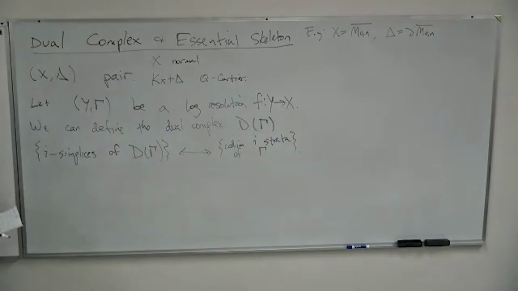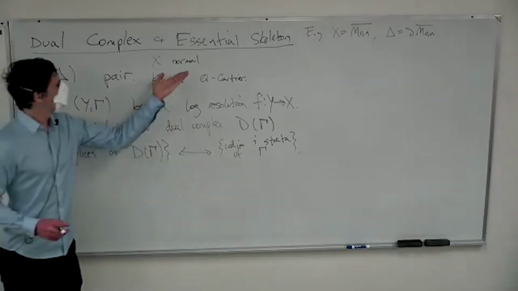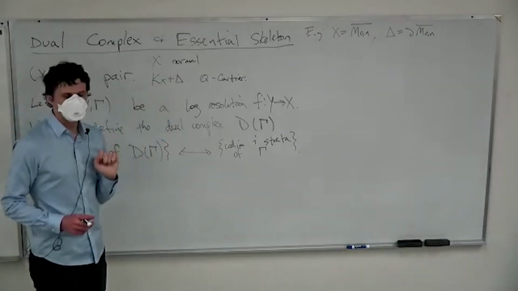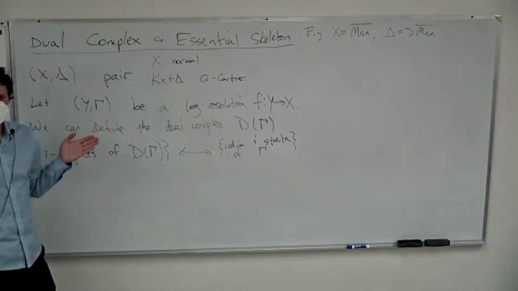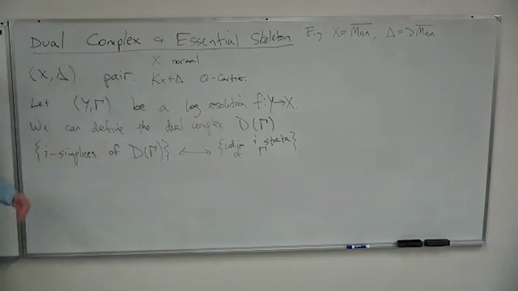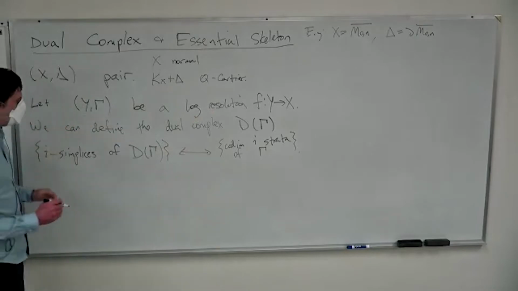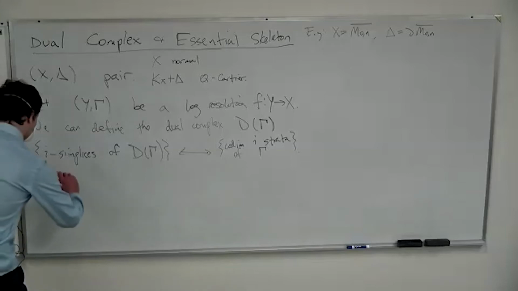What I want to emphasize right now is the role these dual complexes play in birational geometry. When you have a log resolution of a pair and K_X plus Delta is Q-Cartier, the reason I require this condition is because I want to pull back K_X plus Delta and compare it to the log canonical divisor K_Y plus Gamma on the other side. This is the typical discrepancy calculation.